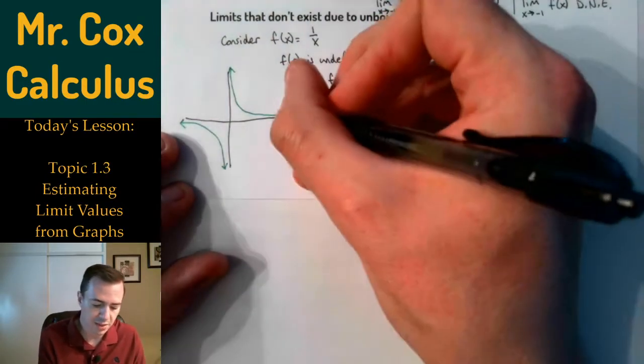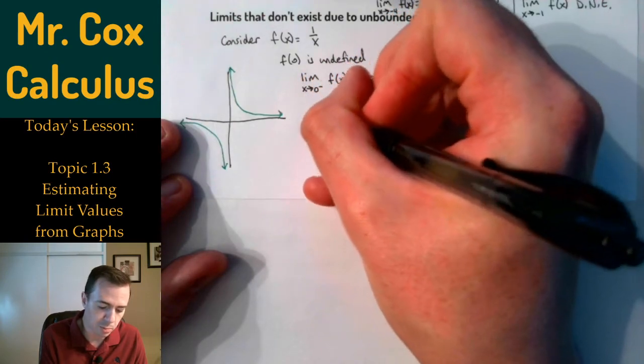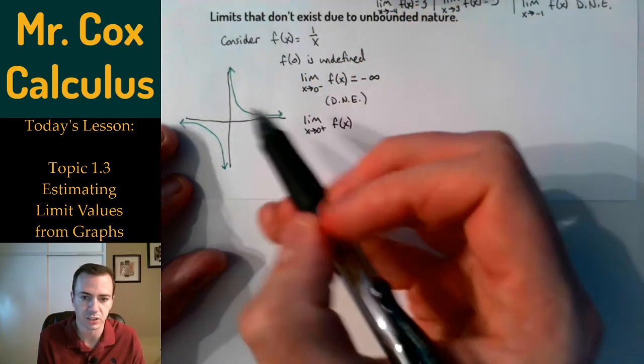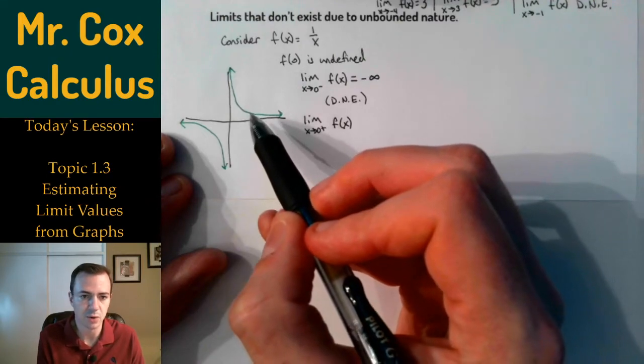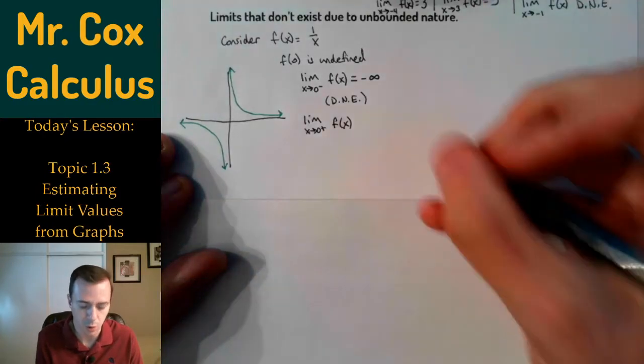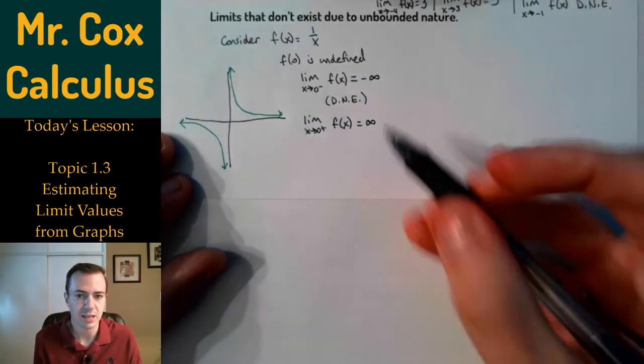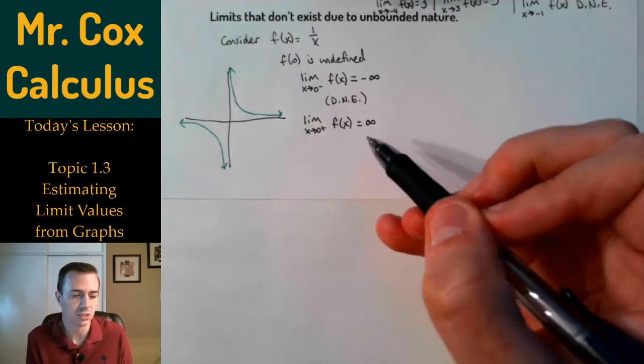Now then, if I take a look at the limit as x approaches 0 from above of this particular function, meaning if I'm approaching 0 from the right, my function's growing still unbounded, but now it's growing towards positive infinity. And again, this infinity is just describing a behavior.